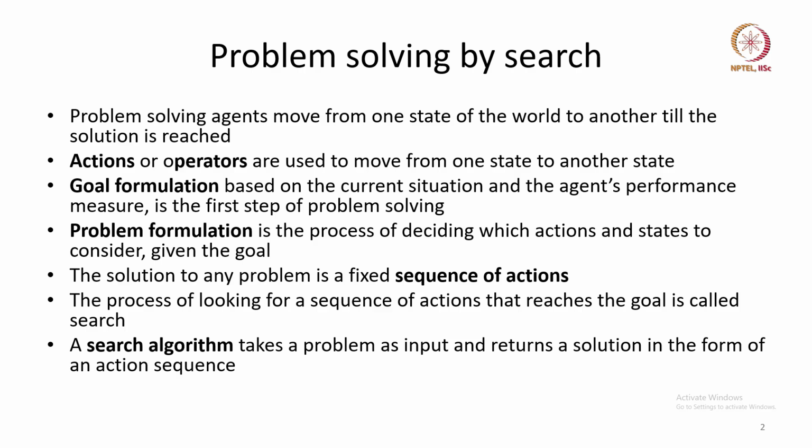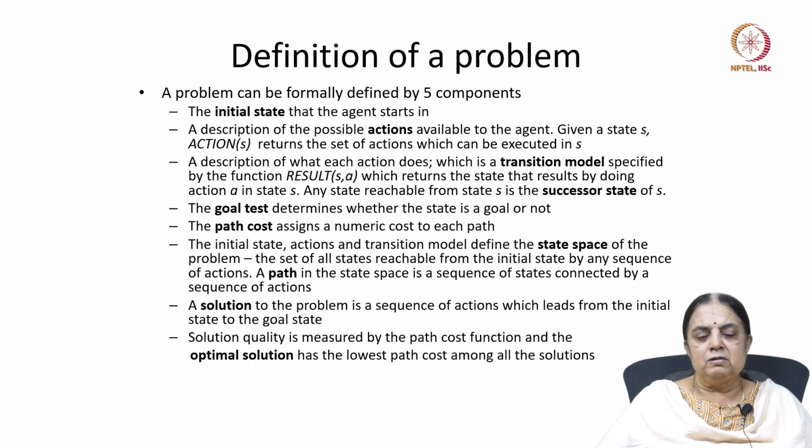If I am in a particular state, what is the action I have to carry out to go to some other state? These things you will have to fix. Once you fix this, you can use a search algorithm to come up with the action sequence. That's the basic idea.